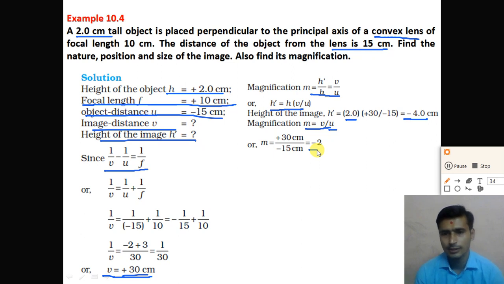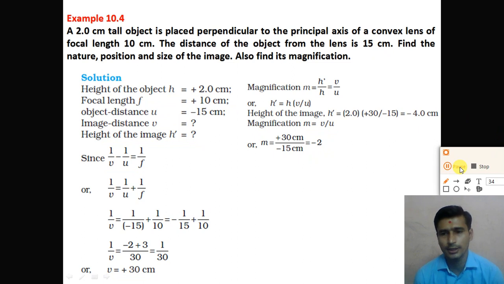That means a real and inverted image will be produced, and magnification is greater than 1. That means the image is larger than the object. So the height of the image is 4 centimeter, which is larger than the 2 centimeter, twice the height of the object. So we can say that the magnification is 2.